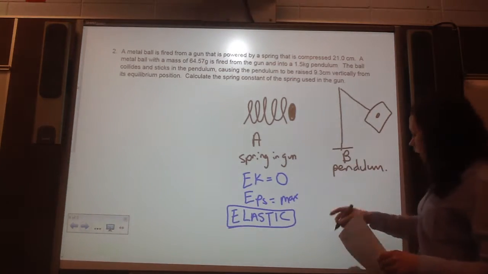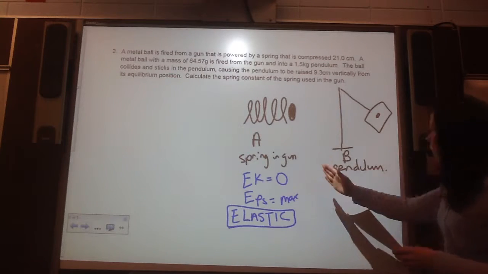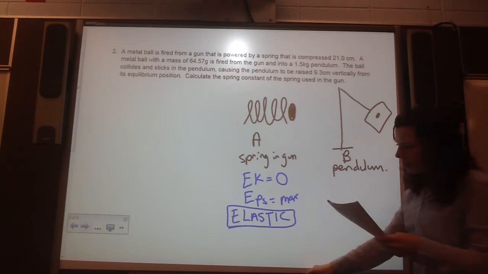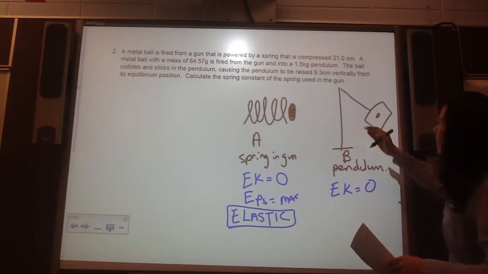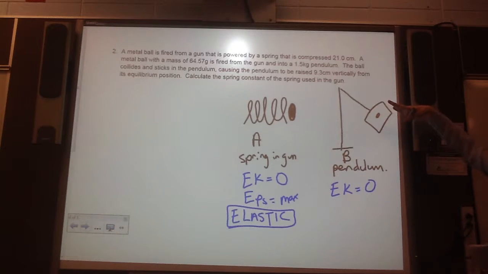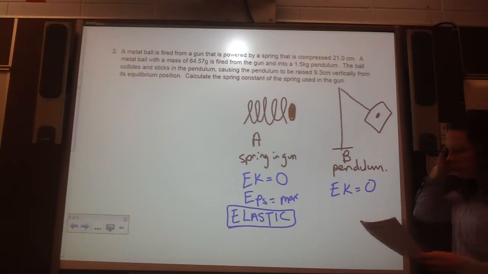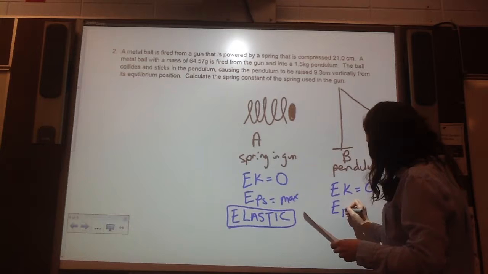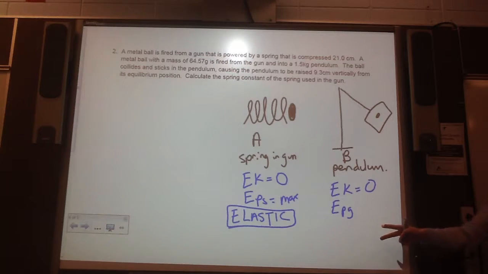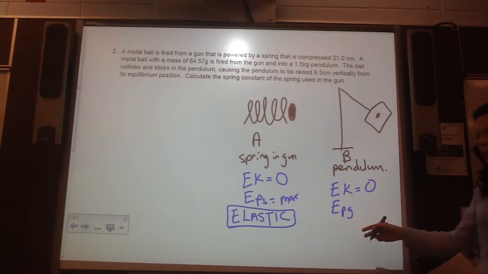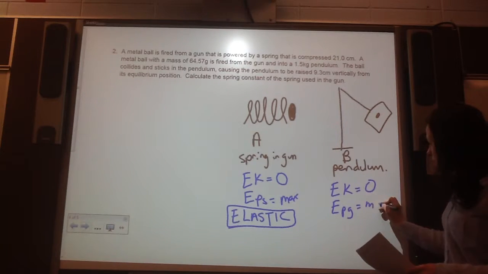Then here, when it's swung up, at its highest point, EK is also 0. And EPG, I'm putting the G there to indicate that it's gravitational. Now I'm dealing with gravitational potential energy equal to max.